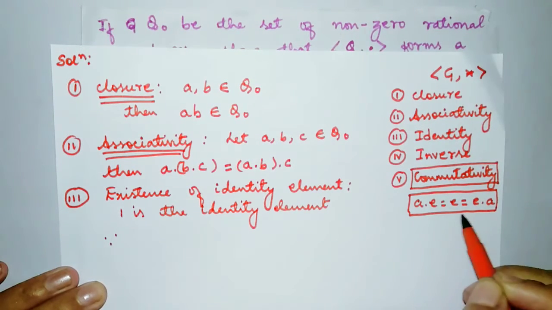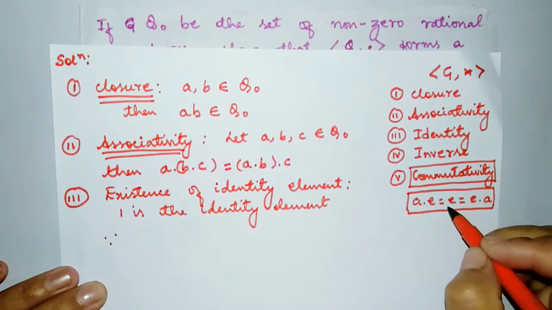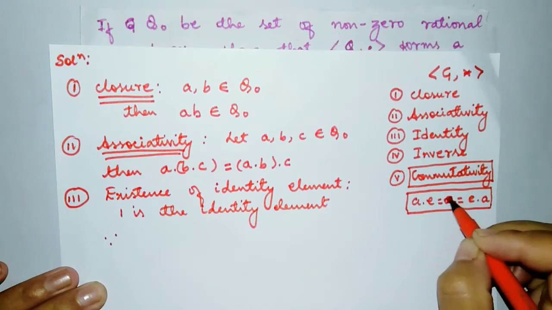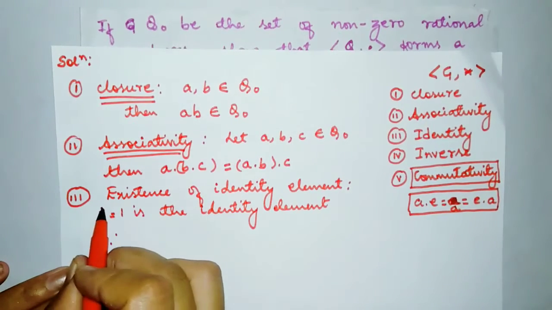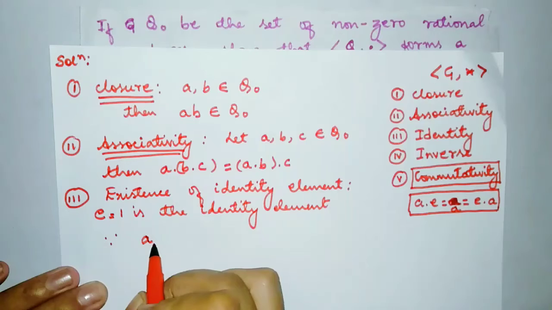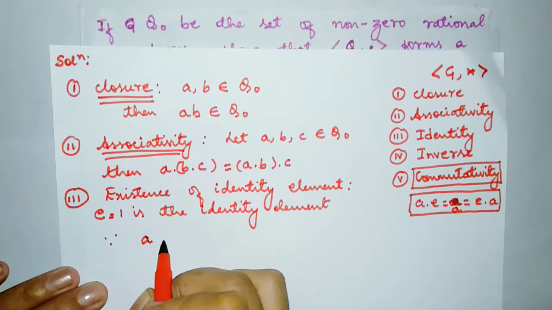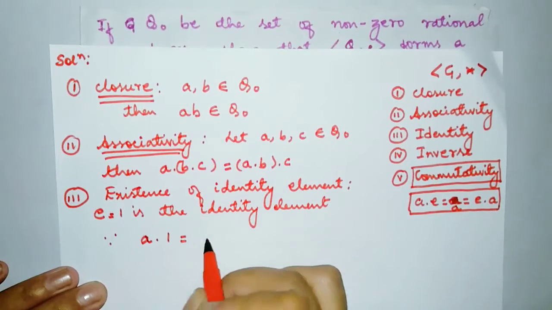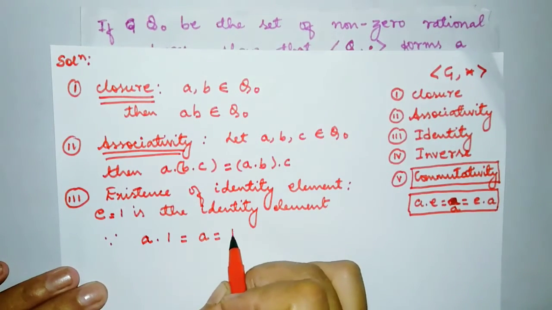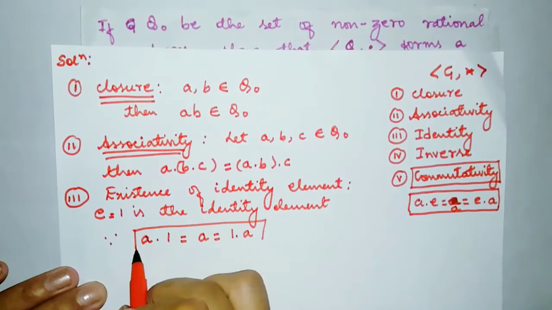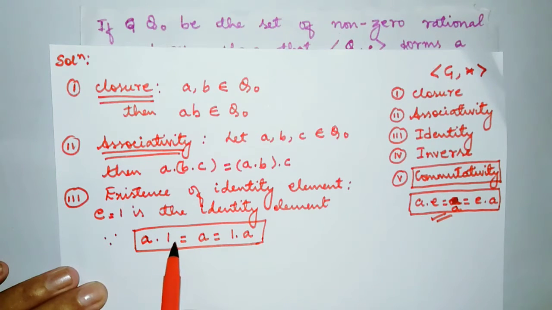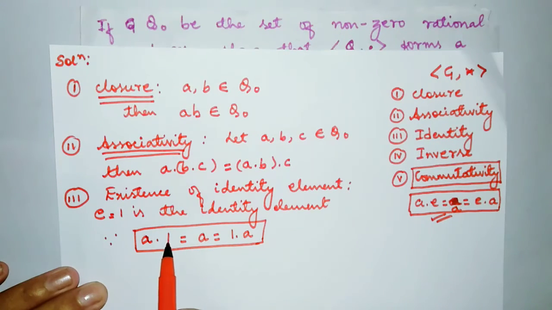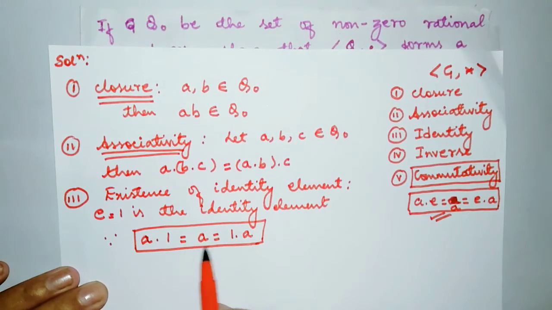Sorry, here it should be E. Okay, it should be E. Since if we multiply this identity with any element E from the set of non-zero rational numbers, that is Q0, that one is always equal to E. It is equal to 1 into E. Now we see that we can find an identity element such that the product of that identity element with an element E, which is from Q0, is always equal to E itself.